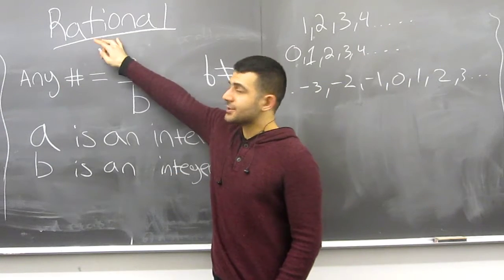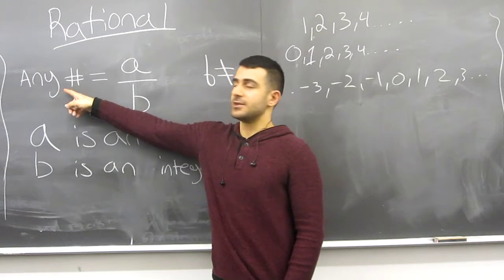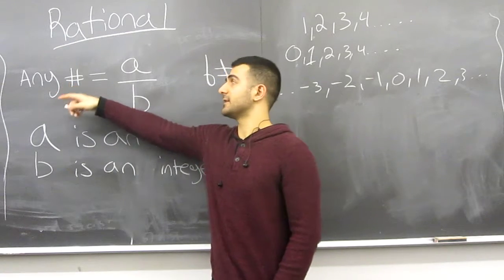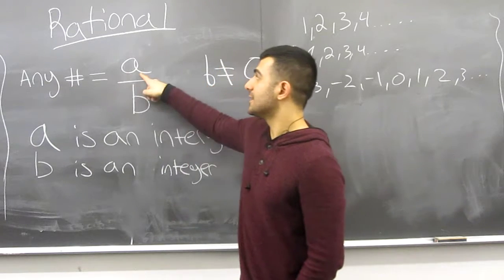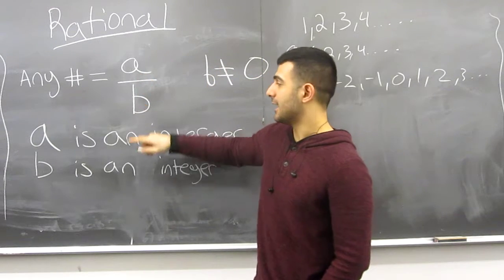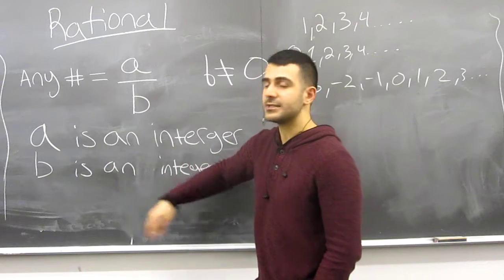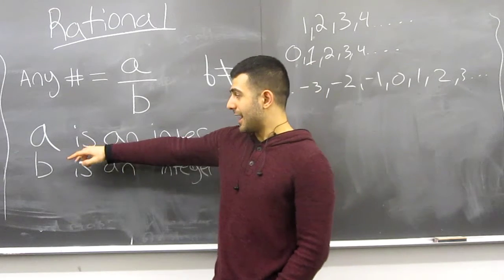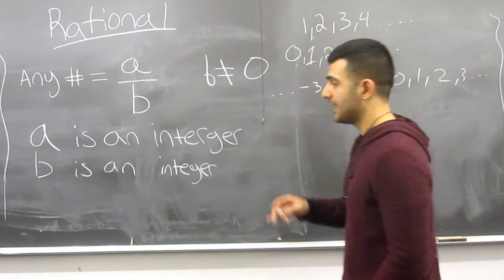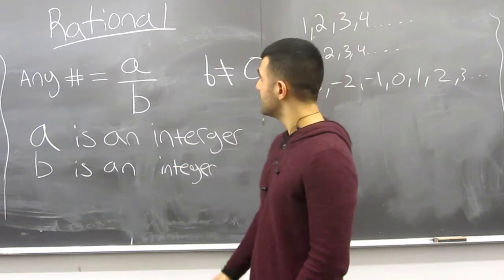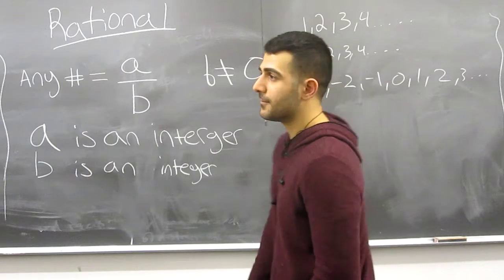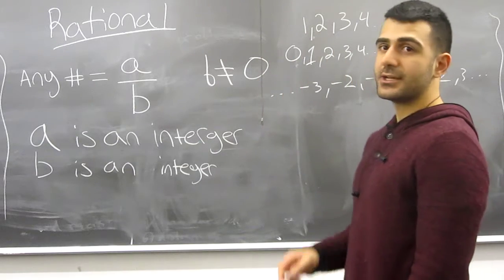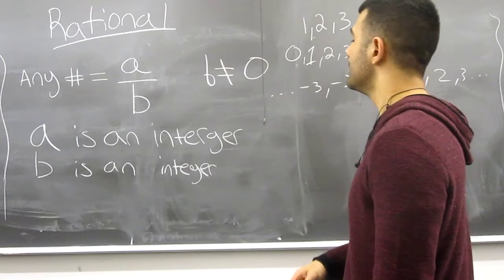So a rational number is any number which is written a over b, and I'm going to tell you what a is and what b is. Where a is an integer, b is an integer, and the only thing is b cannot be 0. So let's deconstruct that and see what it's saying.